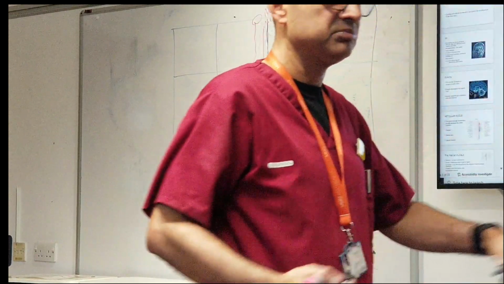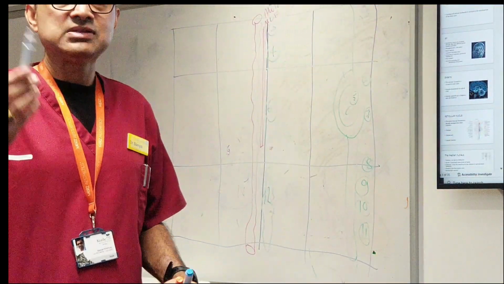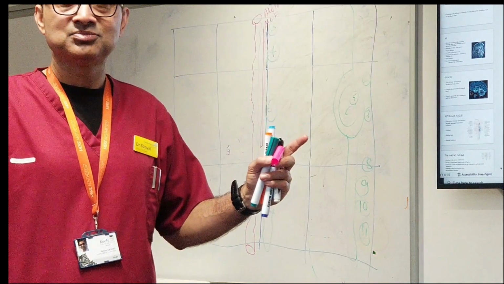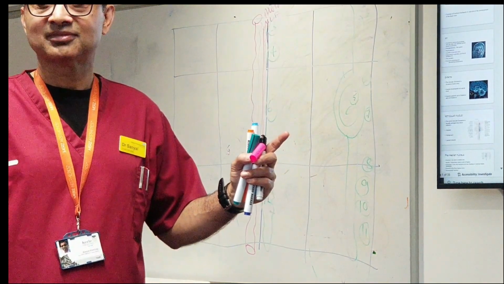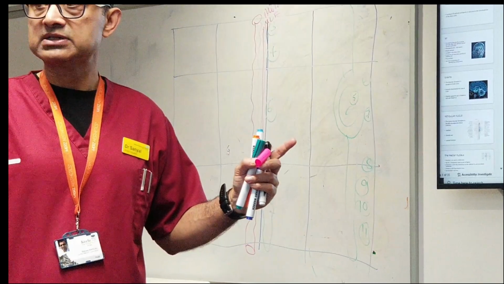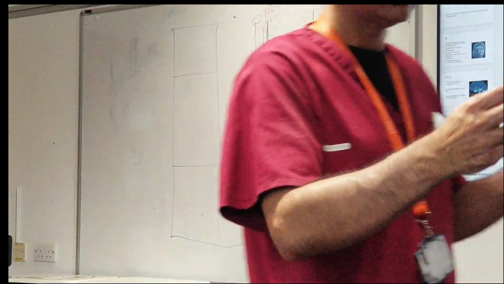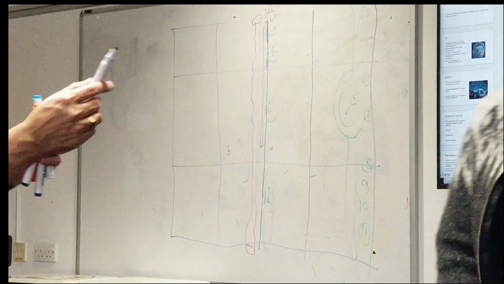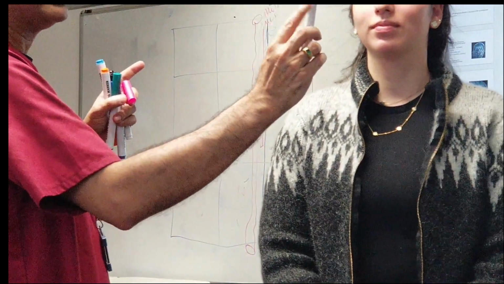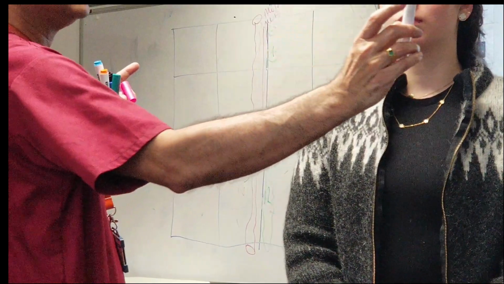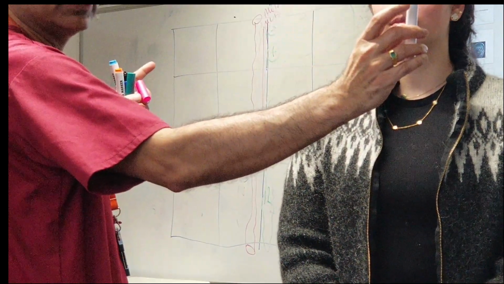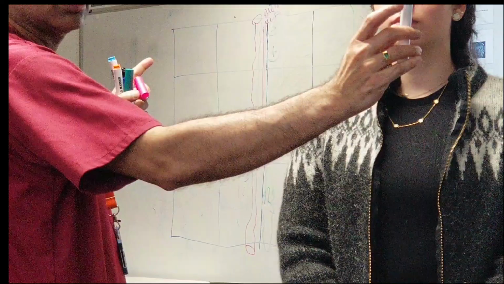So come here, Nora. You don't have to do anything. Okay, look at her eyes. What's happening? Look at the tip of the eyes. If it is moved to the left, what's happening?